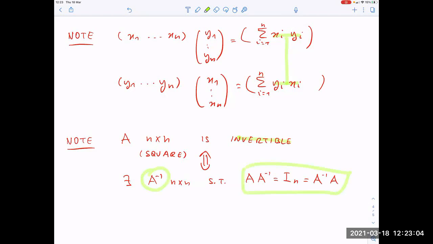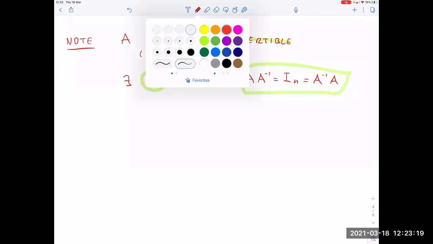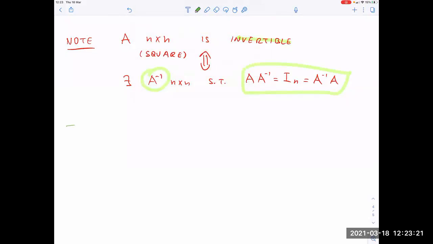By the way, if it exists, the inverse is unique. That will be a nice thing for you to try and understand. So I leave it to you.